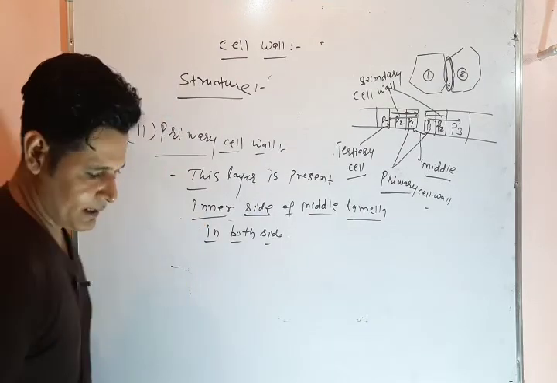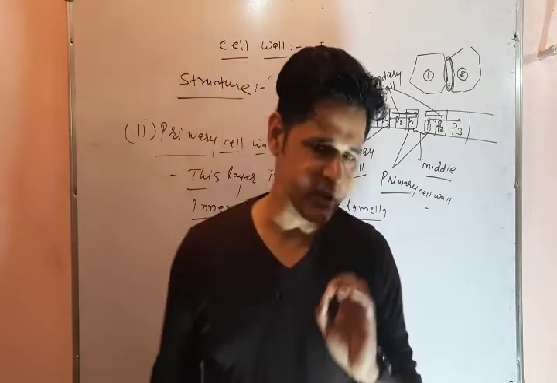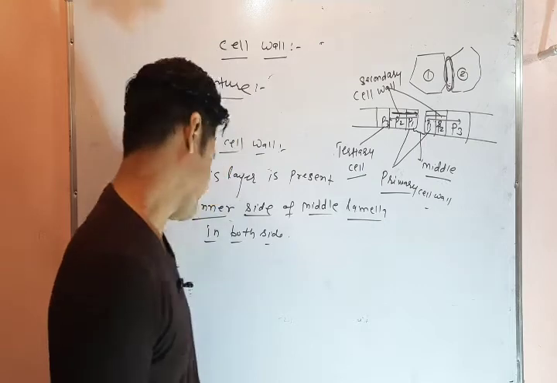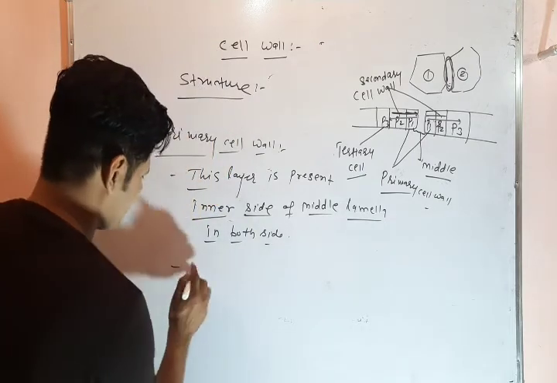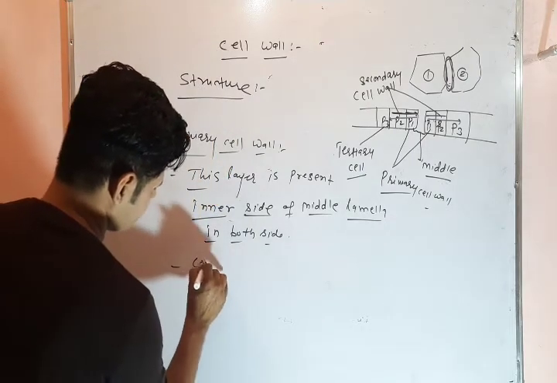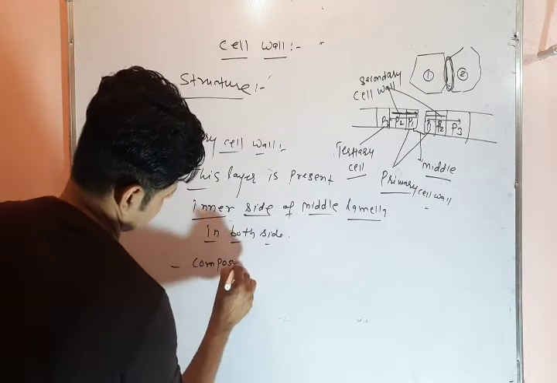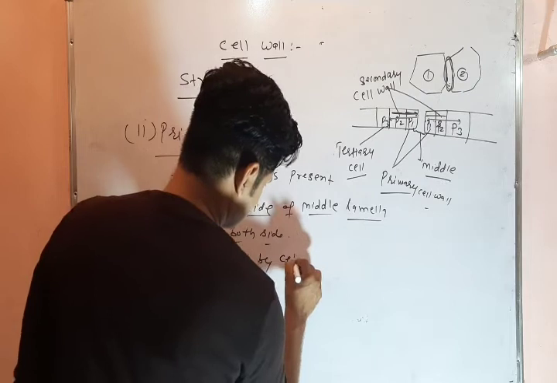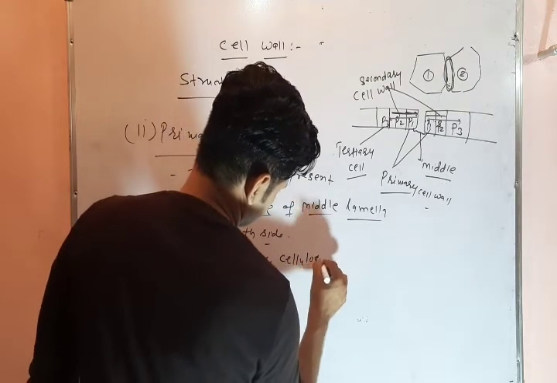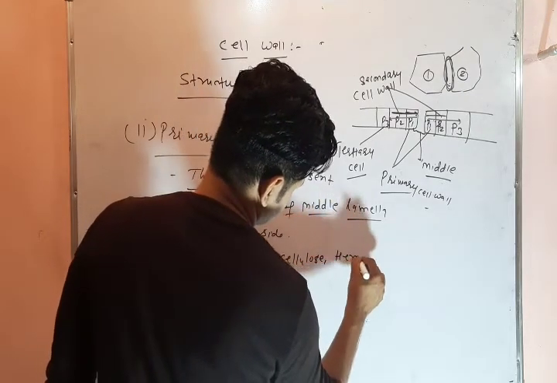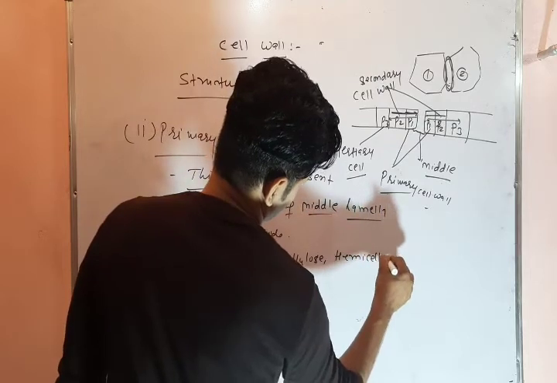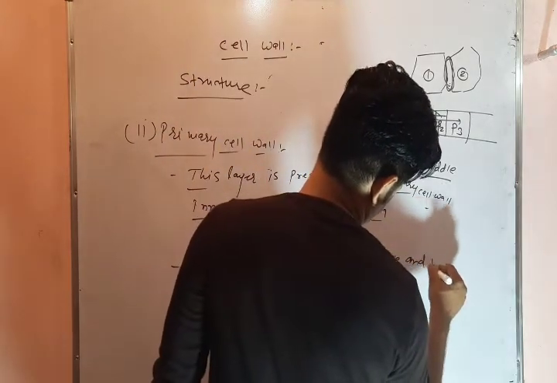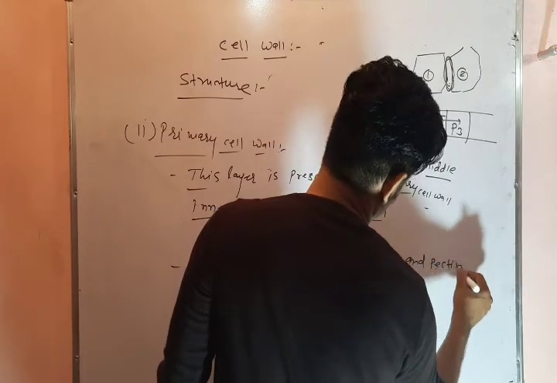The next point is that the primary cell wall is composed of cellulose, hemicellulose, and pectin. So we can write that this layer is composed of cellulose, hemicellulose and pectin.